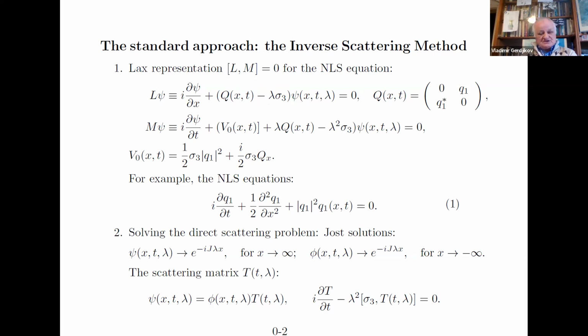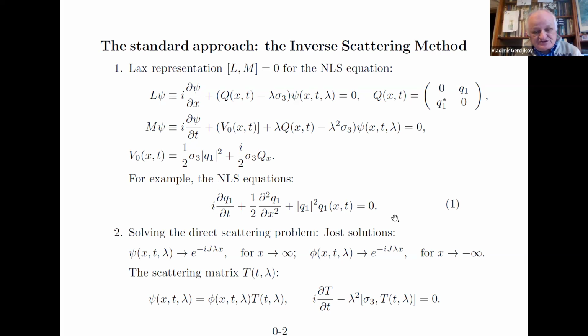Typically, in the standard approach, the Lax operator L is linear in lambda, while the second operator may be polynomial of higher powers in lambda. In this case, I will demonstrate the standard approach on the simplest non-trivial equation, the so-called nonlinear Schrödinger equation. The integrability of this equation was discovered more than 50 years ago by Zakharov and Shabat.